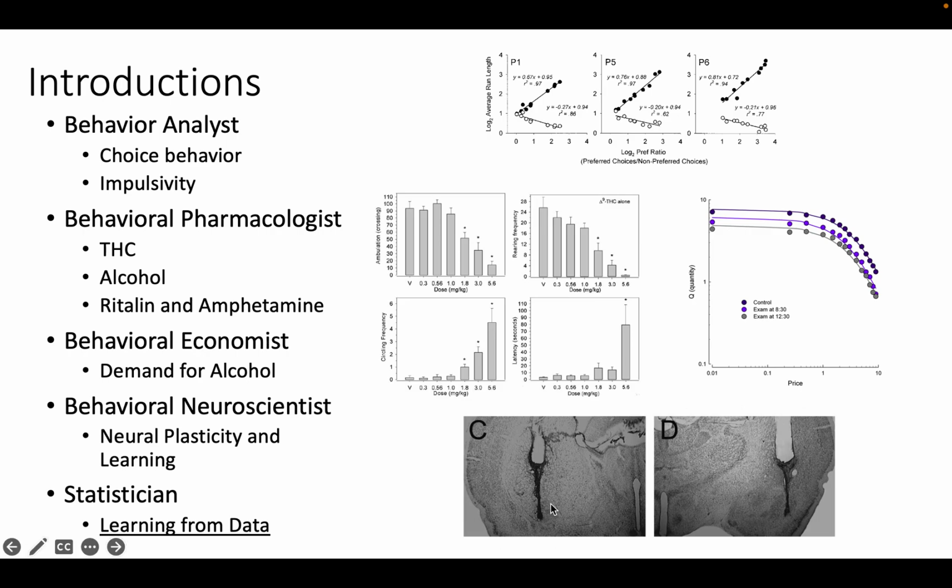I've done brain surgery on rats. These are all figures from various papers that I've published in the peer-reviewed literature in behavior analysis and behavioral neuroscience and behavioral pharmacology. I have 25 or 30 peer-reviewed journal articles out there, so people say I should know a little bit about conducting research and experiments.